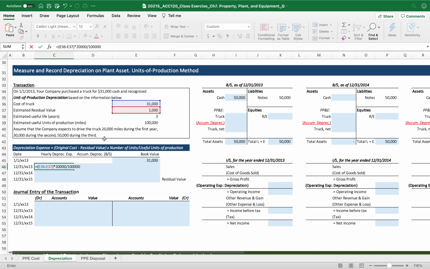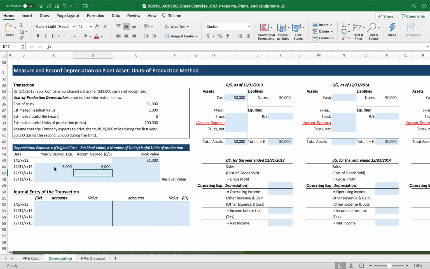So $6,000 is the depreciation expense for the first year. We haven't accumulated anything, so the depreciation expense is the same as accumulated depreciation. And then book value is decreased by this accumulated depreciation on the balance sheet. So $25,000 is the net book value for the first year end.